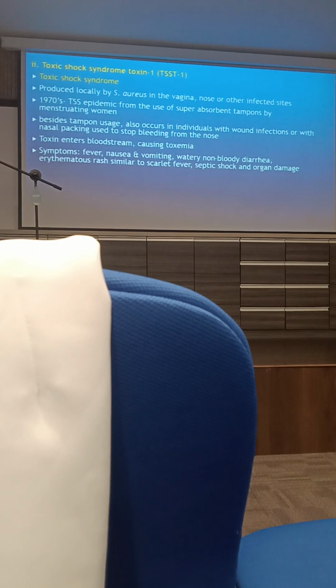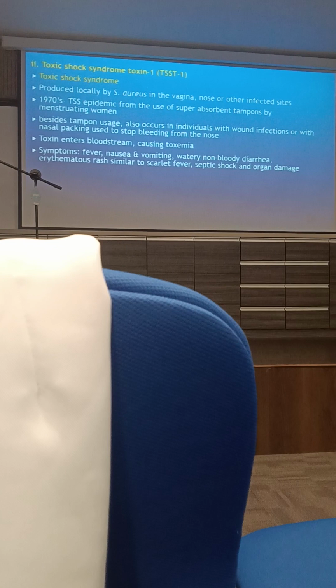But then there was a big epidemic whereby, with the use of super absorbent tampons by menstruating women, they got this toxic shock syndrome. What happens is the bacteria in the vagina, where its habitat is, start to proliferate, because when the blood has no movement, it's a nice environment for it to grow.